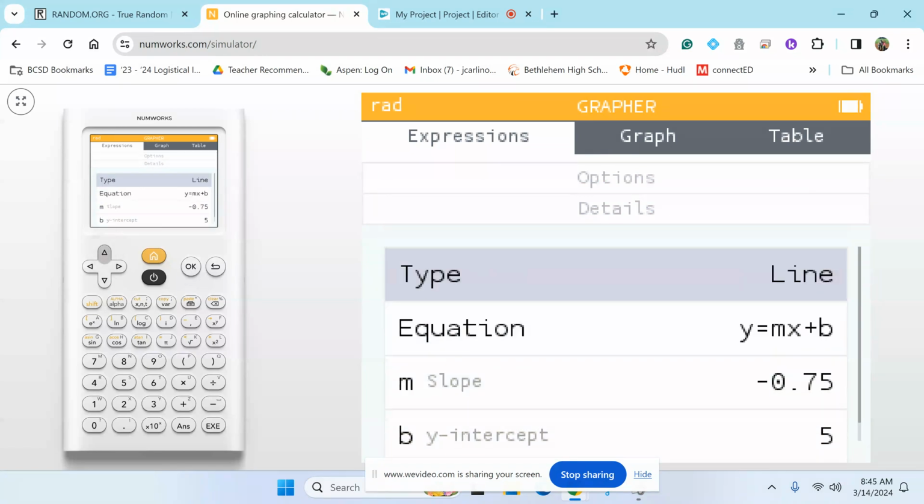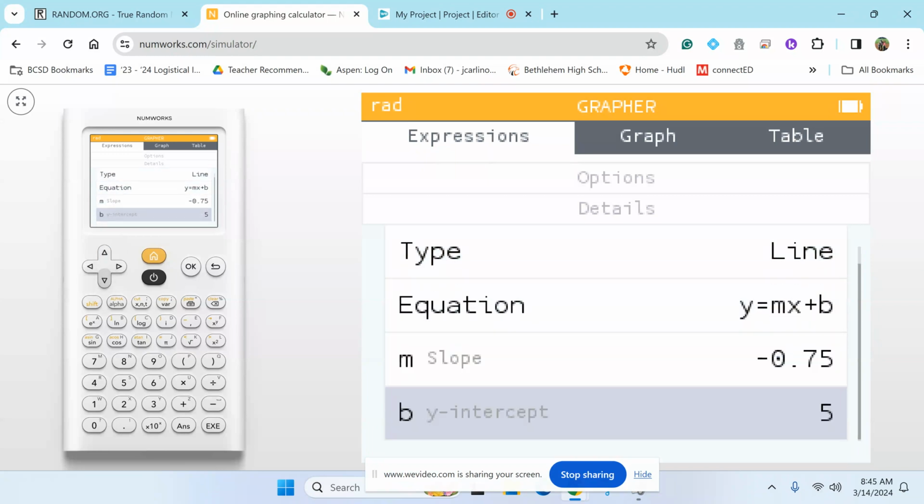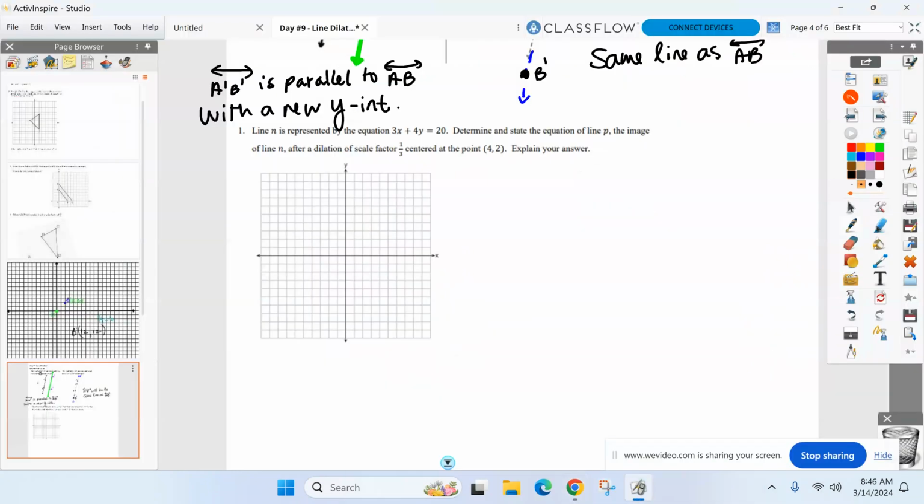Or if you just want to graph it and look at the table and graph the points, I don't care how you get it done. I'm not worried about if you can graph or not. I'm worried about dilating it. So find a way to graph it. Whether you put it into y equals form yourself, use your table of values on your calculator, or go to details and find out the slope and y-intercept yourself. Get this thing graphed for me so we can dilate it.